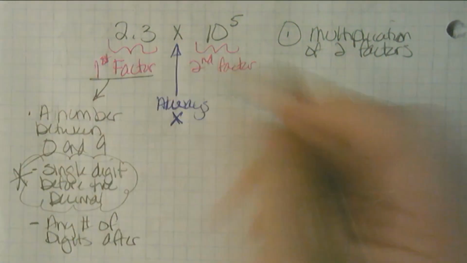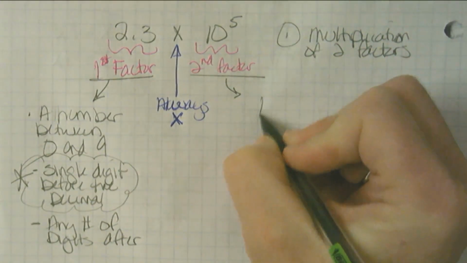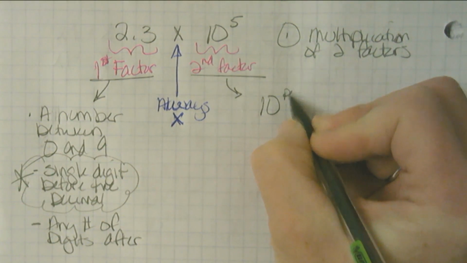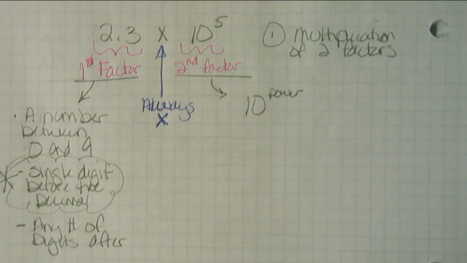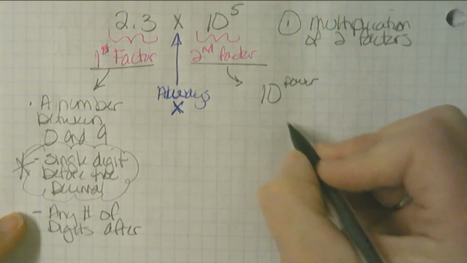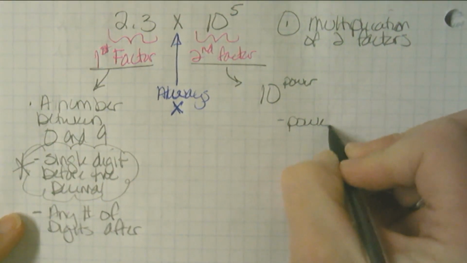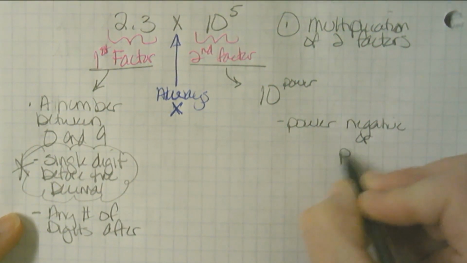All right, our second factor, it's always 10 to some power. That power can be negative or positive.